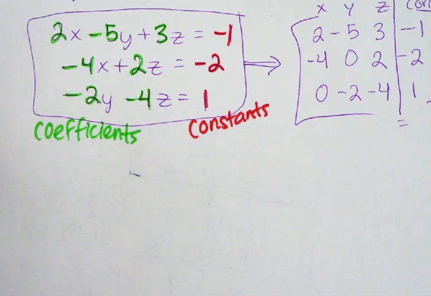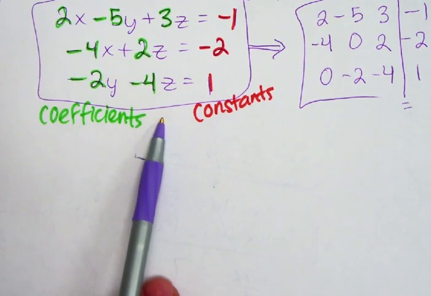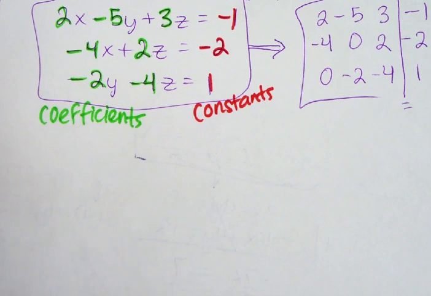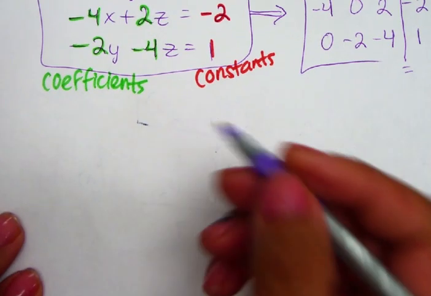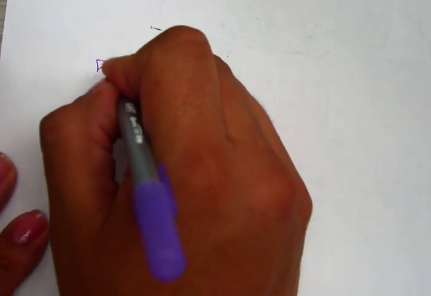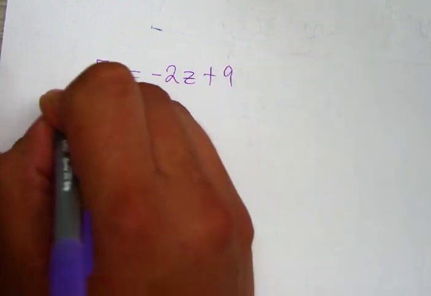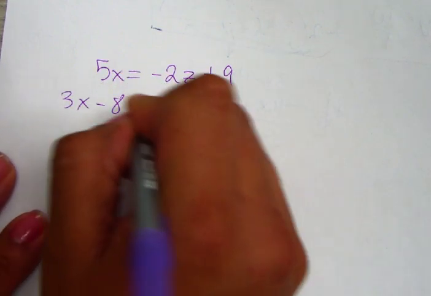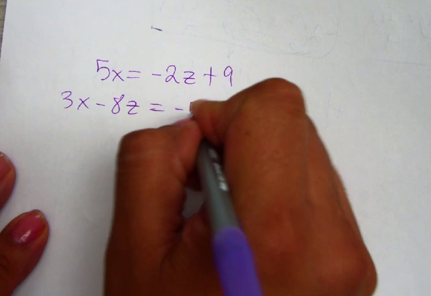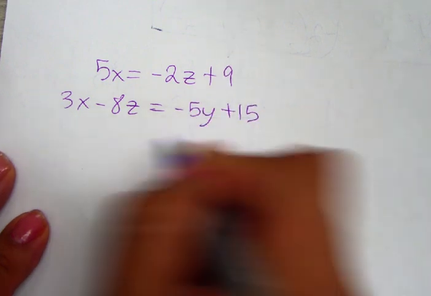One thing that's going to happen sometimes is that you're not going to have the equations in order. So you're going to have to just rewrite them in order for them to be in that order. So I'm just going to show you an example. If they are out of order, for example, here I would have 5x equals negative 2z plus 9. 3x minus 8z equals negative 5y plus 15.